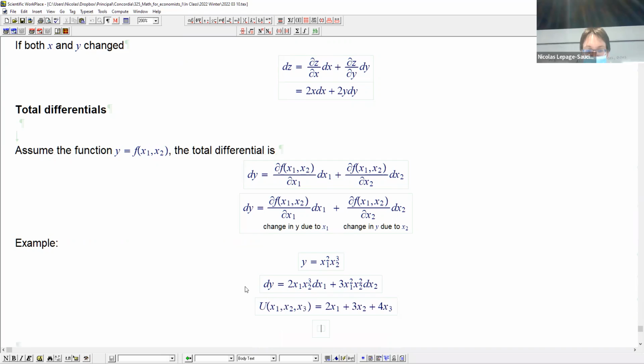Then I'm going to have du. So du is all the ways in which my utility can change, which will be equal to, so I'm just going to write u1 dx1 plus u2 dx2 plus u3 dx3. Again, let's put the arguments just to be sure.